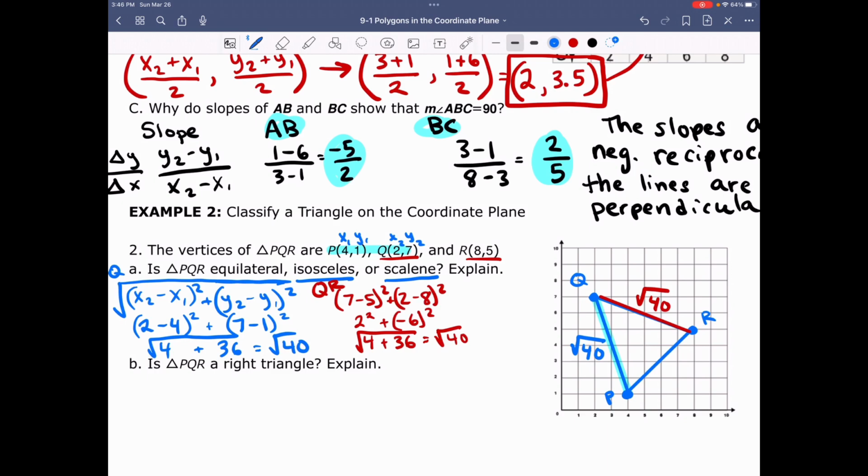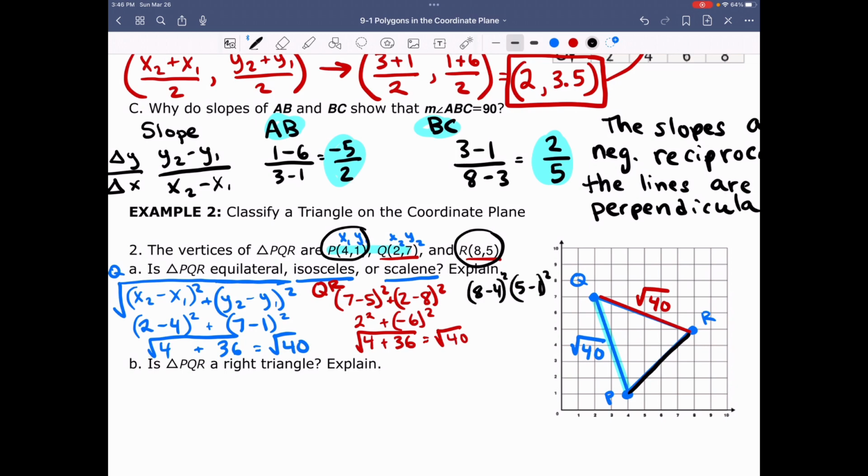All right, is it equilateral? Is P to R the square root of 40 also? Let's see. P to R. So we're going to start with the x's this time. I messed up last time. So 8 and 4, 5 and 1, the y's.